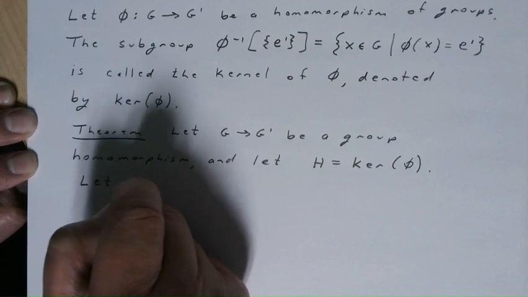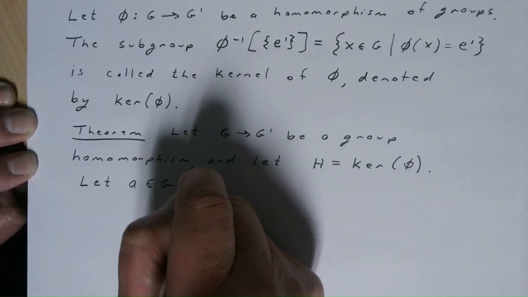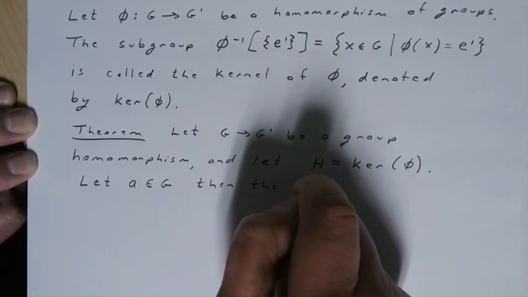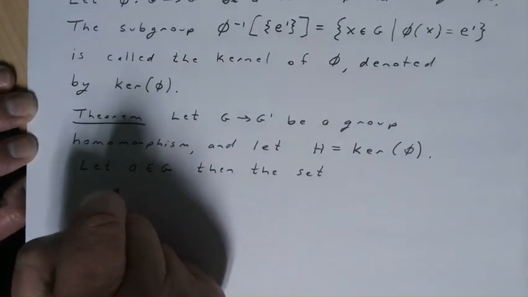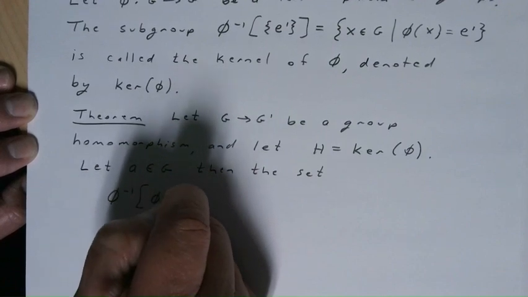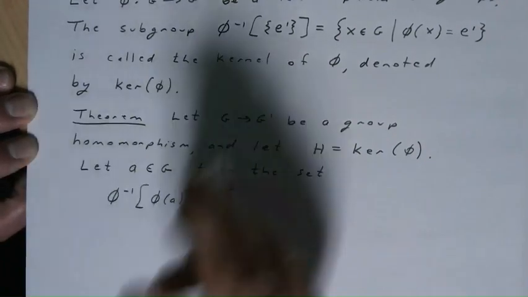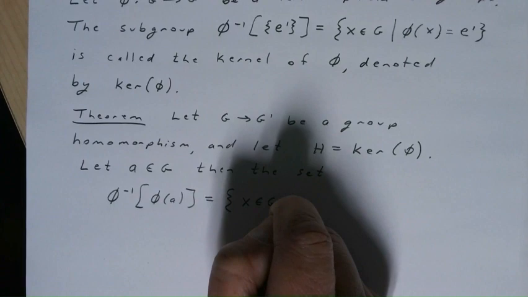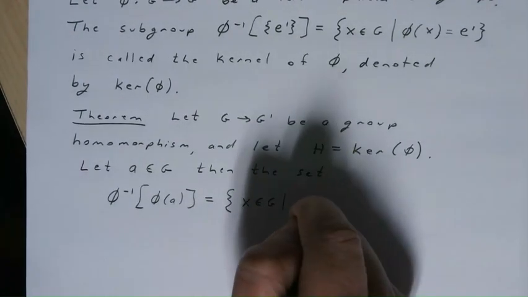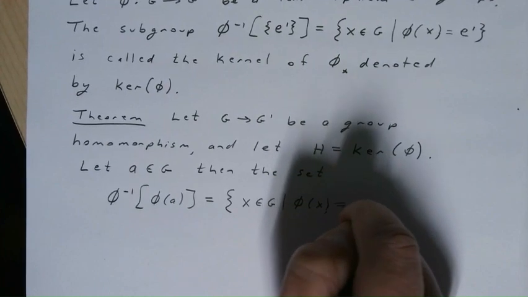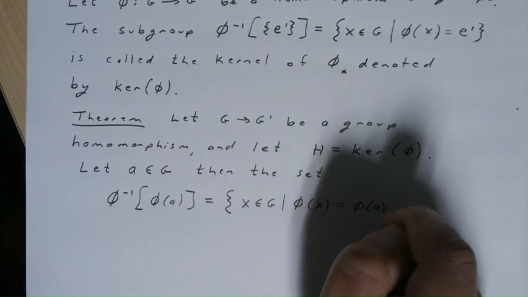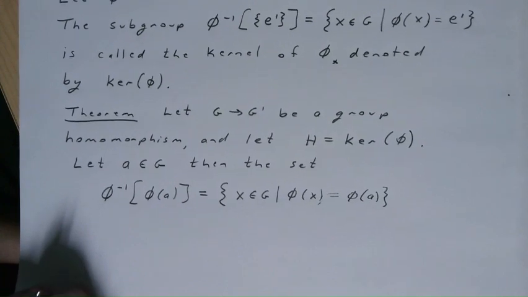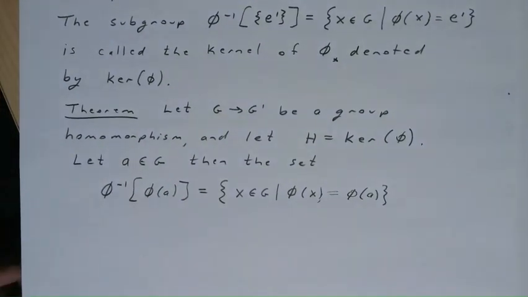And let A be in G, then the set phi inverse of phi A is equal to the values x in G such that, sometimes I use a bar for such that, sometimes dots, so since I used the bar up here, I'll use it again here, such that phi of x is equal to phi A. Then this set is the left and right cosets.